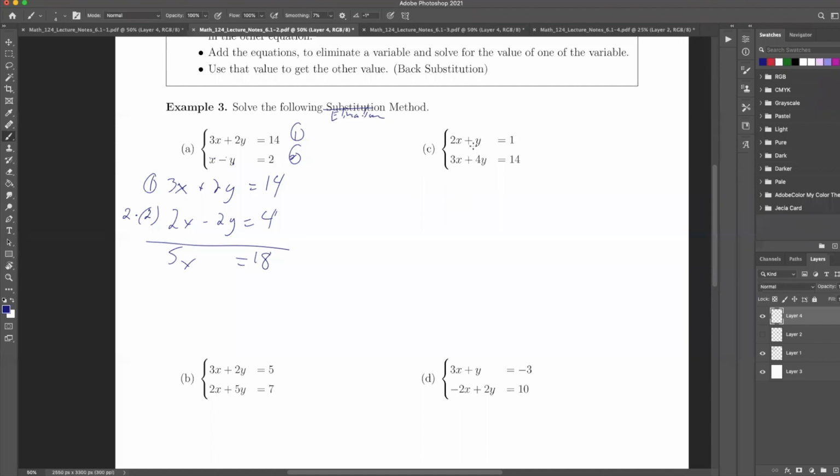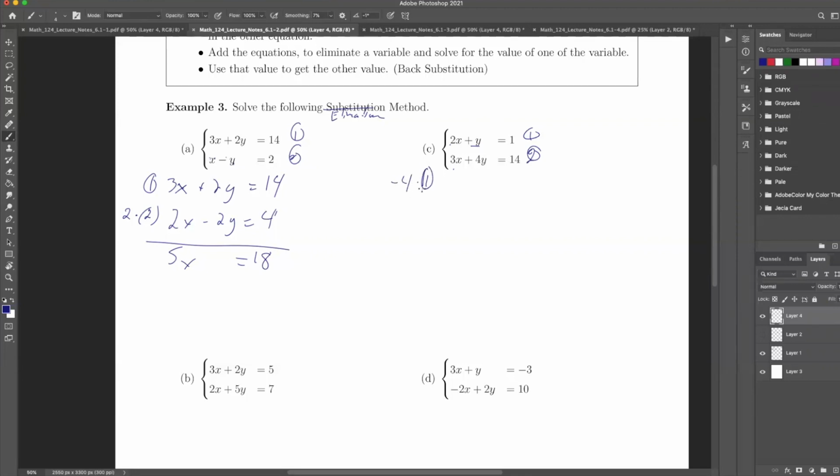So let's look at this one. Here, I have a positive y, and I have 2 and 3. So these are not only not the same, but they're not even multiples of each other. So here I'm like, I don't want to do this, right? But here I have a positive 1y and a positive 4y. So my preference here would be to take this equation and write minus 4 times equation 1.